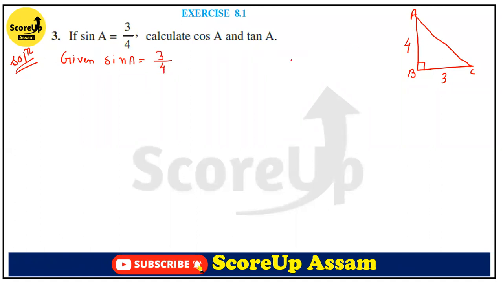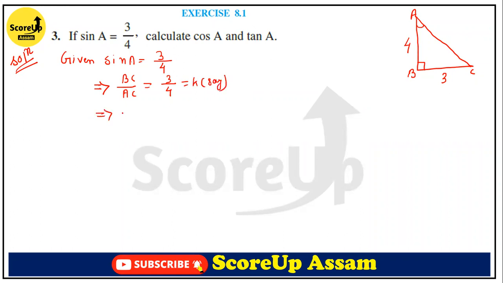So here in case of this triangle, sin A means what? This is with respect to this angle, perpendicular by hypotenuse. Perpendicular is what? BC, right? BC is our perpendicular and hypotenuse is AC, equal to 3 by 4, equal to K say.